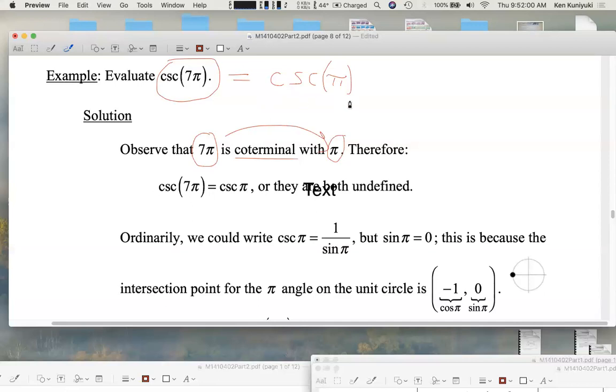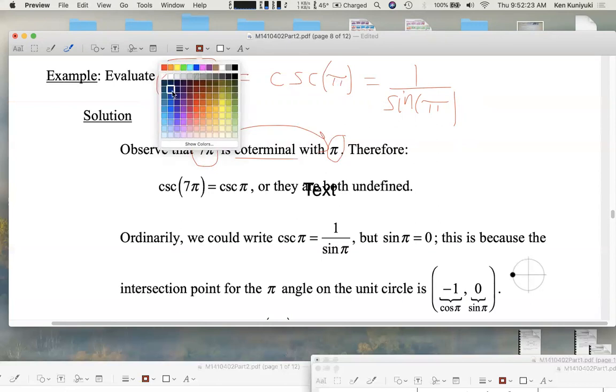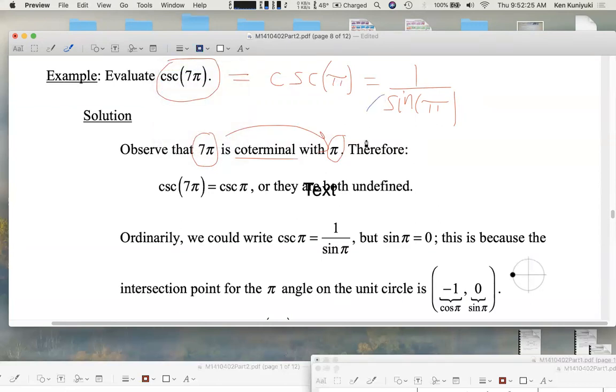Cosecant of pi, well, I know sine better, right? Cosecant of pi is the reciprocal of sine of pi. What is the sine of pi? I'll put this in blue. What is the sine of pi?